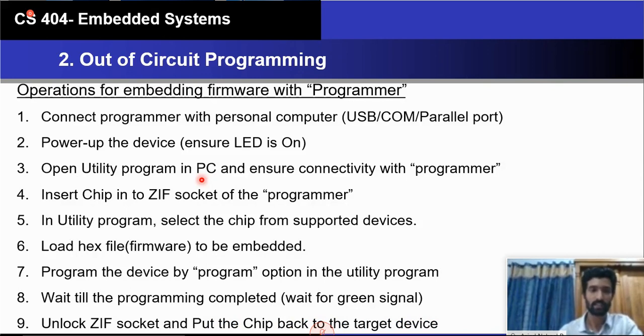We can see the LED indicators on the device and verify the device is perfectly working. Third step, we will open the utility program in the PC, and from there we will ensure the connectivity with the programmer. There will be an option to connect or auto detect or something like that. Using that feature, the utility program verifies the successful connection with the programmer.